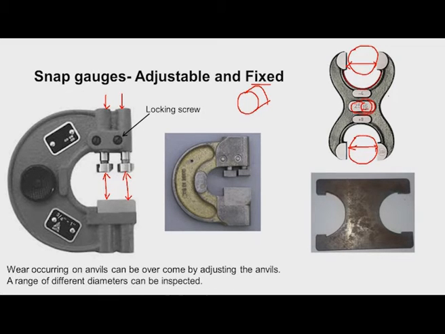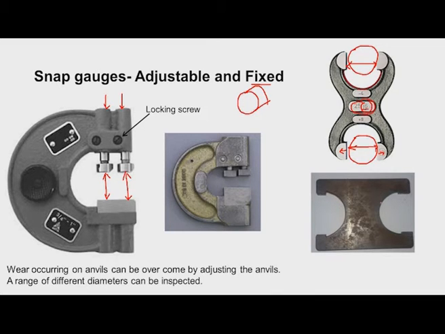The go side should smoothly enter onto the shaft. There should not be any over pressure on the snap gauge. If over pressure is applied, then these surfaces move out, they expand. So it is very essential that the gauges are not forced onto the workpieces, they should move smoothly.